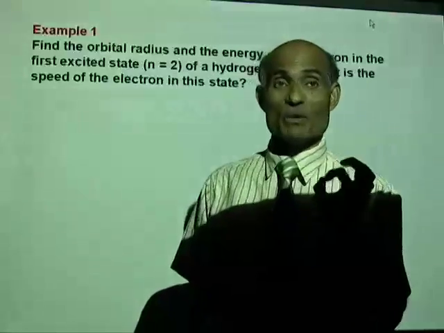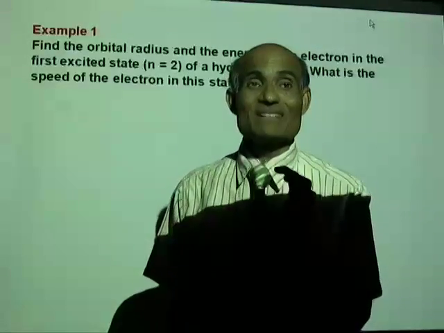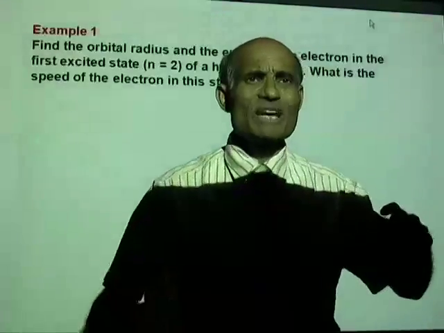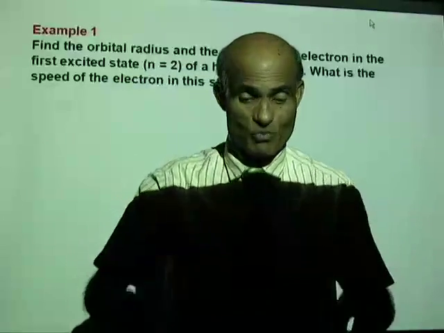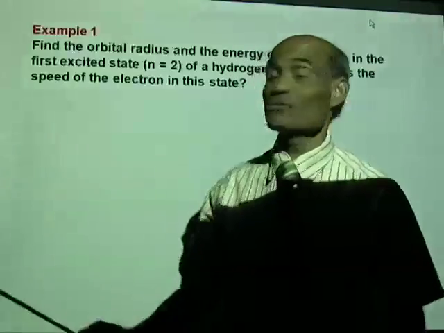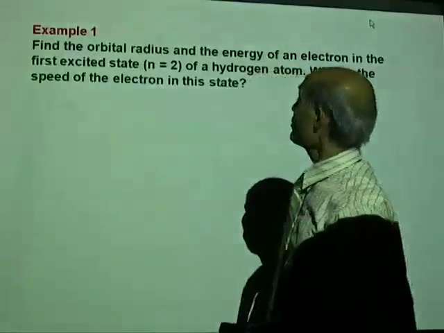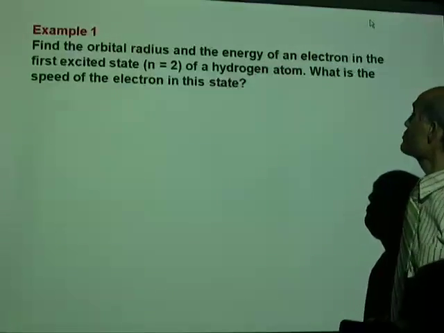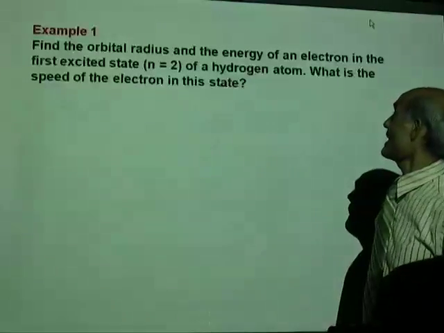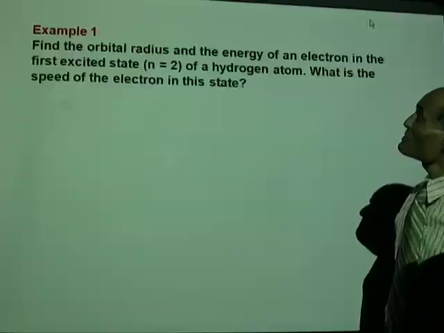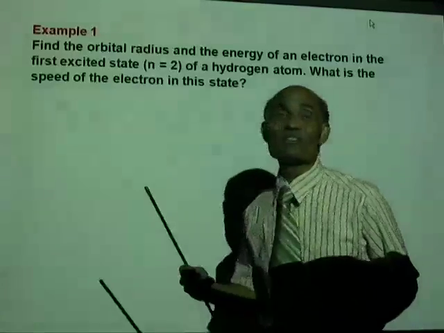Why is it called the ground state? Because that's the lowest level. So find the orbital radius and the energy of an electron in the first excited state of a hydrogen atom. What is the speed of the electron in this state?